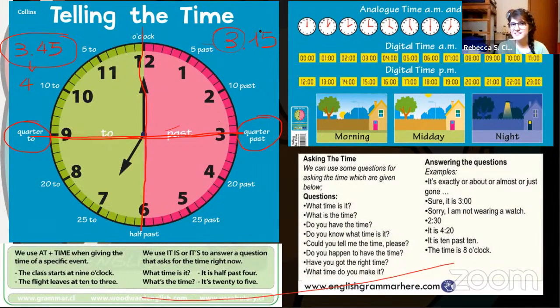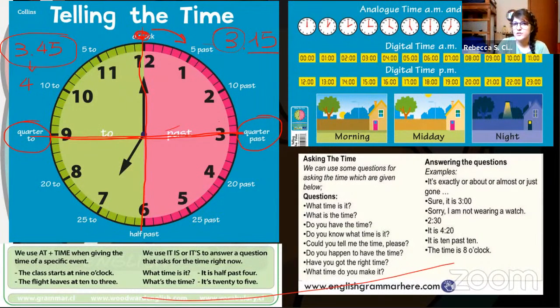So it's 15 minutes past 3, and to make it faster, it's 1/4 past 3. As you can see from this clock, in the pink part you say past, so you count from here on. And in the green part, you count how much is left to reach the next hour, so you say to instead of past.